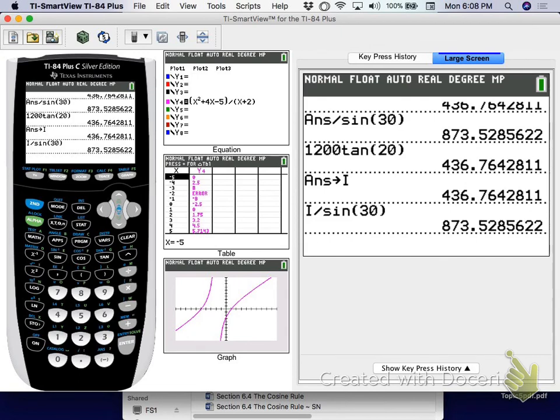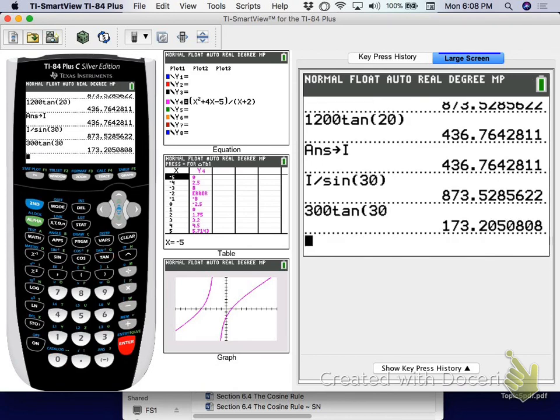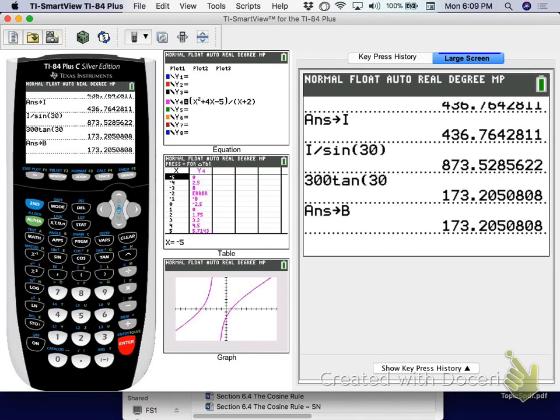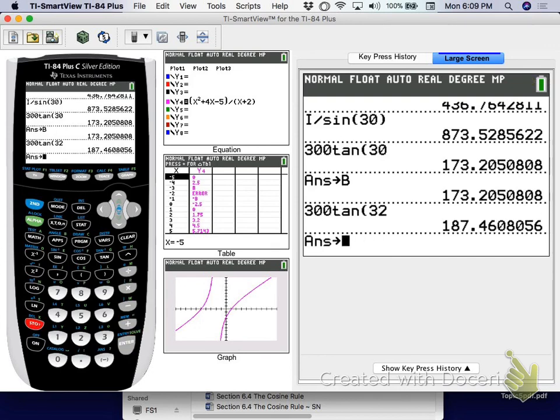Okay, so to find my height of the building, I took 300 tangent of 30. Okay, and it was about 173. So let's store this as building. So that's going to be alpha B. Okay, and then for my flagpole, I took 300 tangent of 32, and I'm going to store that as F for flagpole.